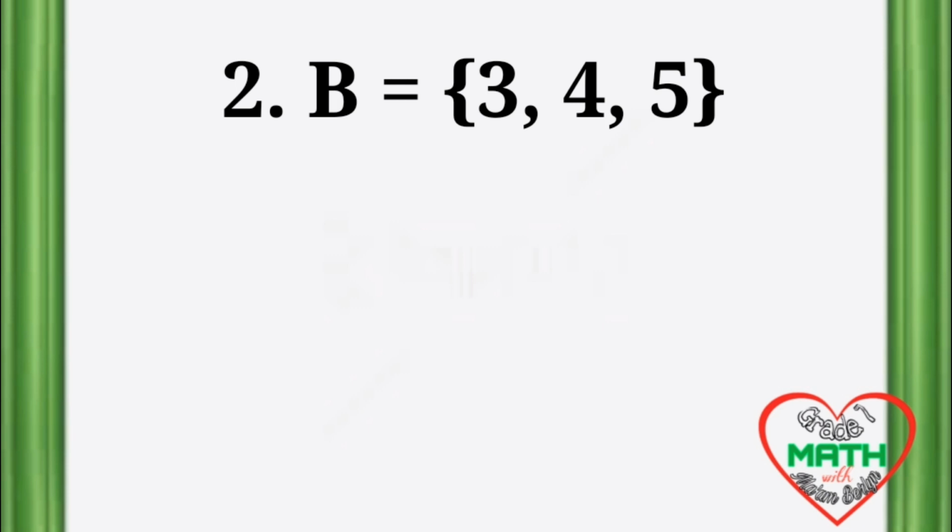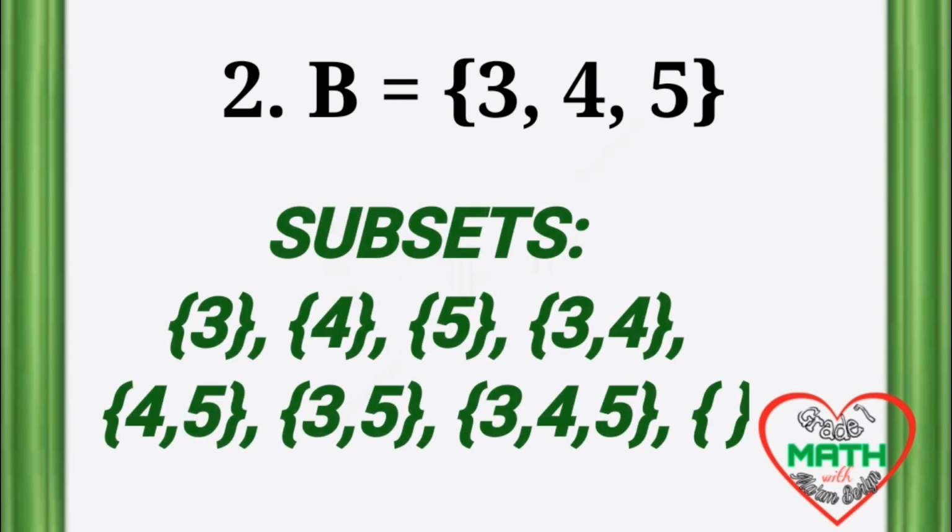Set B equals {3, 4, 5}. The set has 3 elements. Now let's list the subsets of the set B. These are {3}, {4}, {5}, {3, 4}, {4, 5}, {3, 5}, {3, 4, 5}, and of course, the empty set.